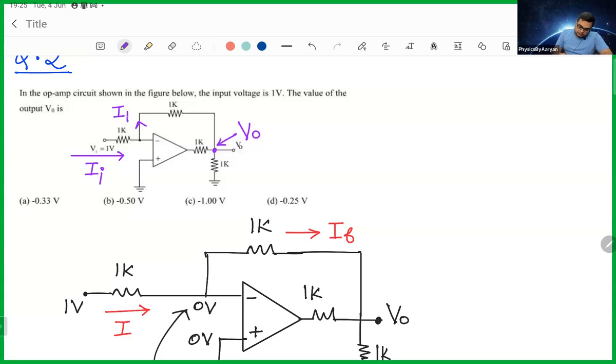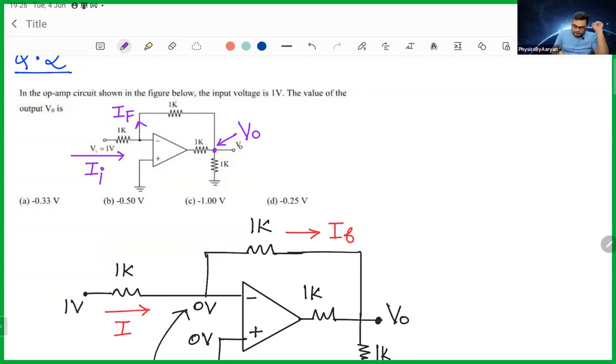Feedback means connecting output voltage to input voltage. So if my op-amp is doing some efforts and there is an output, then that output is connected back to input so that my op-amp gets a feedback.